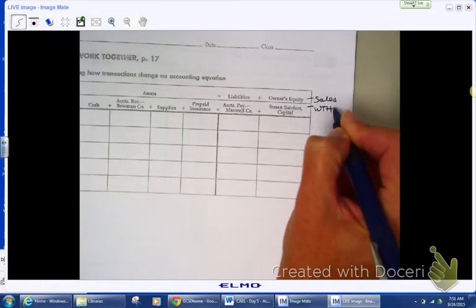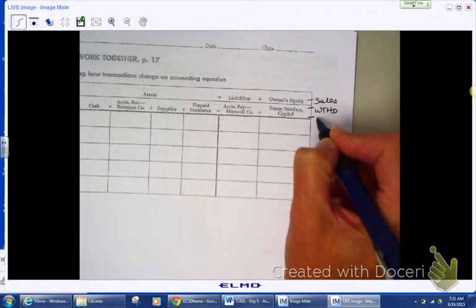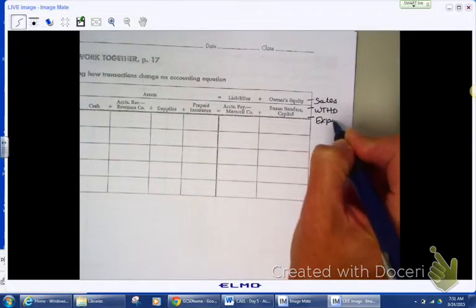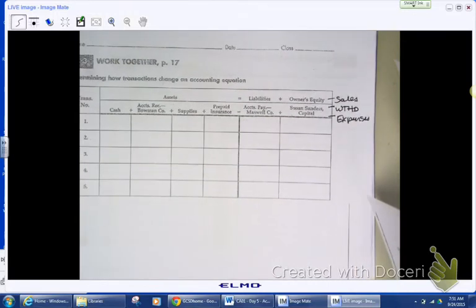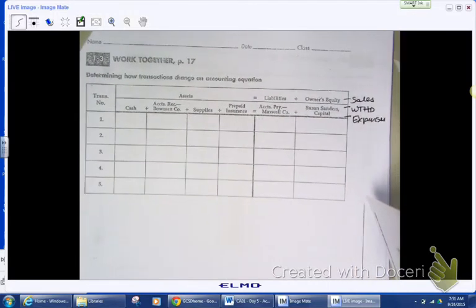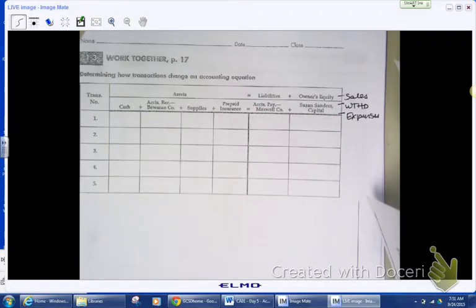Withdrawals affect the owner's equity account. Expenses affect the owner's equity account. Okay, all of those things affect the owner's equity account. Sales is the same thing as revenues, so keep that in mind as well. We use those synonymously.